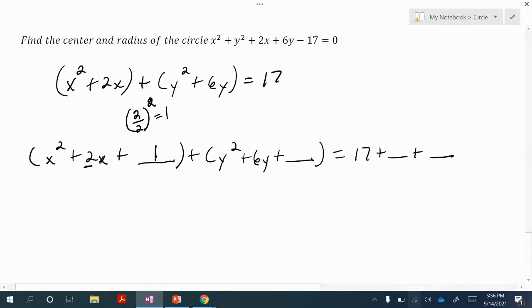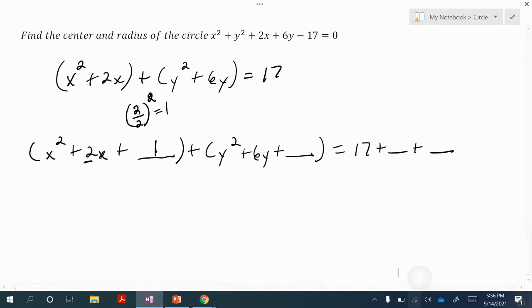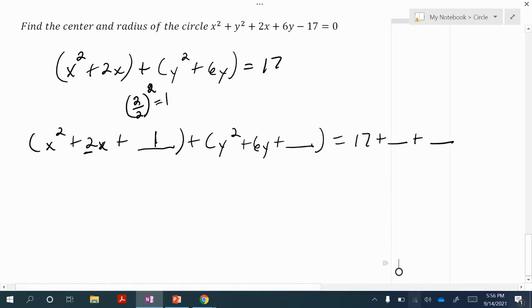Now there's something special that happens when you complete the square. You actually create what's called a perfect square trinomial. Okay, and we'll talk about that in just one second. Now we're going to complete the square with the y variable. So once again, we have the squared term and the first degree term for our y variables, and the coefficient for our squared term is 1, so we have the right condition.